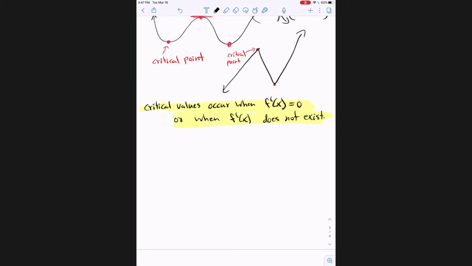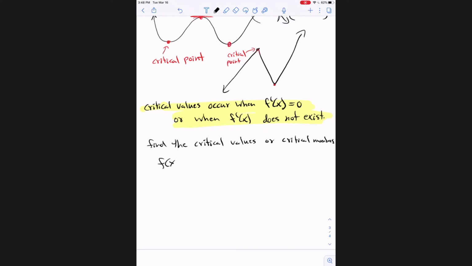When I say critical values or critical numbers, which is sometimes what the book calls it, it means just the x value. If I say critical point, then that's a point. You've got to give me the x and the y, which is not much more work. Once you find the x value, you plug it back in and you get the y value. So just focus on getting the x value.